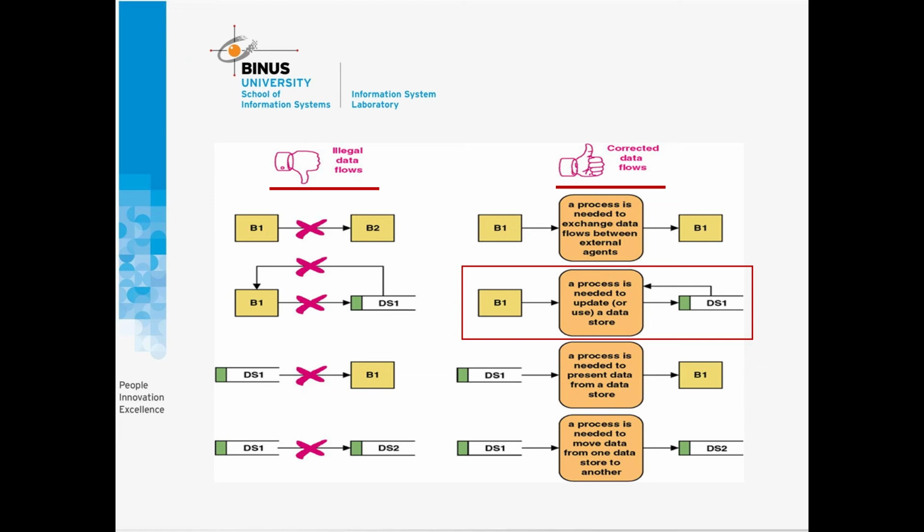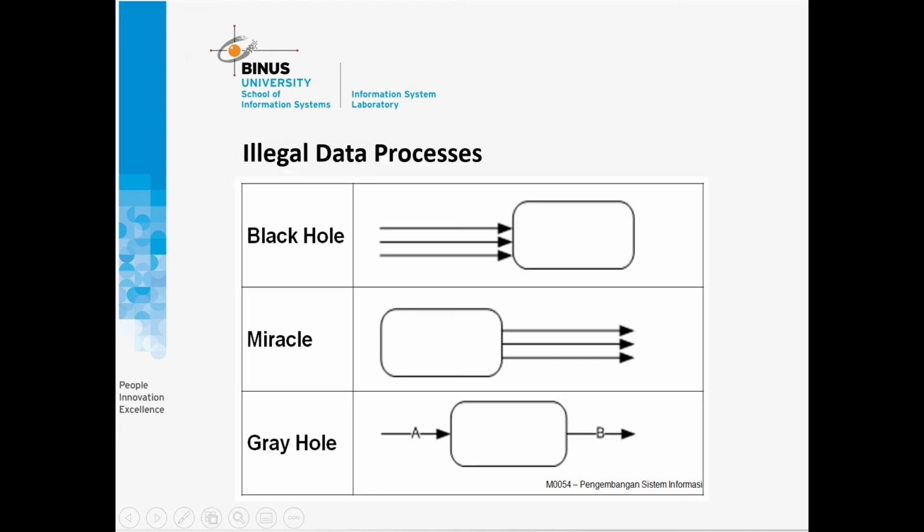If you want to depict an external entity to a data store, from the external entity, the data flow must connect to the process, and from the process, the data flow will send it into the data store. Another common mistake in data flow diagrams is when the outputs from one processing step don't match its inputs. This situation is called an illegal data process.